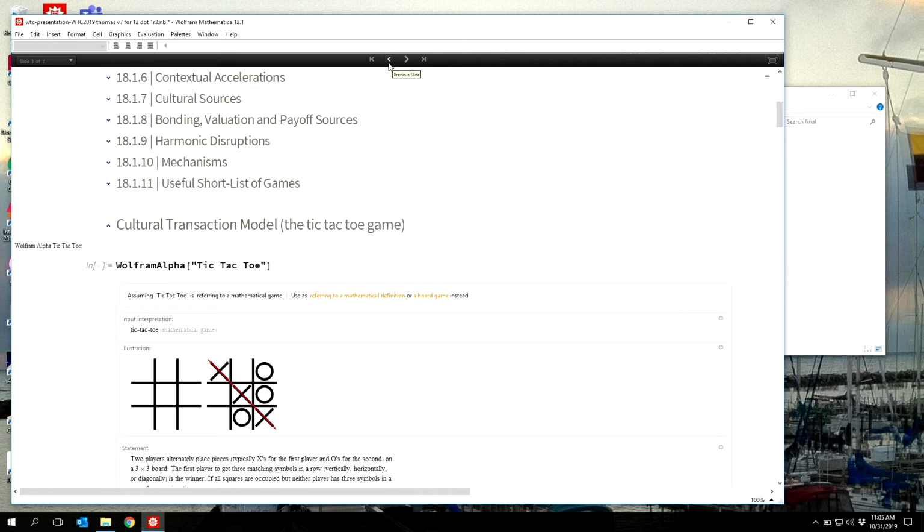Well, I chose it because you can look this up on Wolfram Alpha. And Wolfram Alpha tells you that there are actually 9 choices for X and 9 choices for O. And they sort of are labeled by the places in the diagram, but they don't necessarily mean that's your move. It's just a way of explaining what the play is.